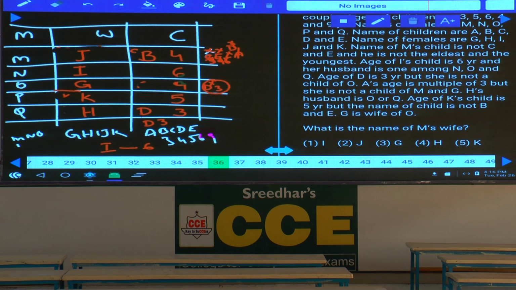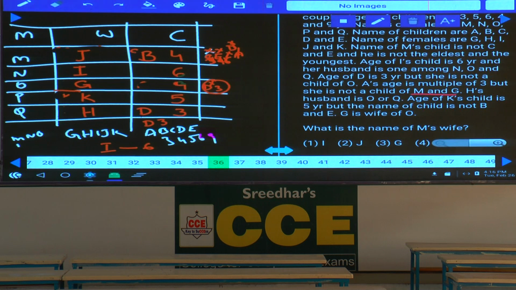C and E cannot be M's child. Age of I's child is 6 years, and her husband is one among N, O and Q. Age of D is 3 years, but she is not the child of O, isn't it? A's age is a multiple of 3, but she is not the child of M and G. Now, A is not the child of M and G, clearly given.